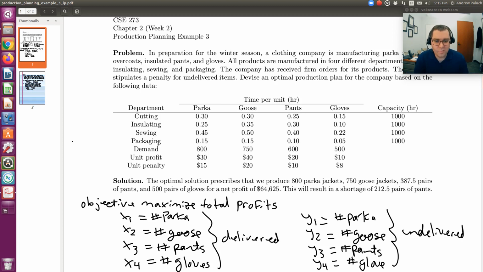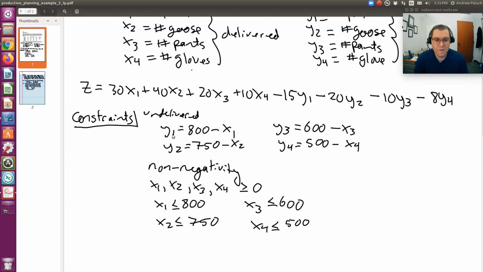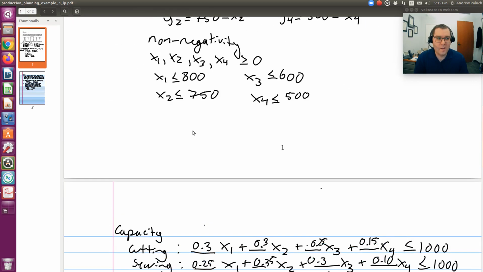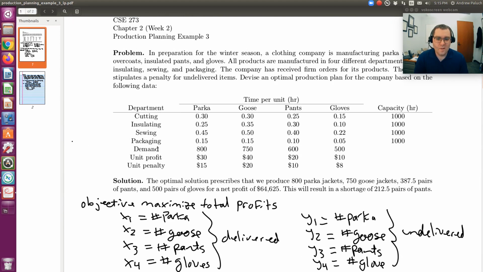A couple of the extra wrinkles here is just keeping track of what we have, right? Demand is the number of units that have been ordered here. So when we need to figure out the penalty and how many units have been undelivered, it's just the number that were asked for, the number ordered, minus how many we made, right?